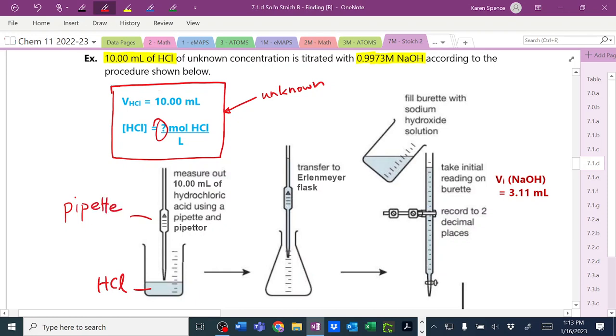And because we want 10 milliliters, it's going to be a 10 milliliter pipette. So we suck up the HCl into the pipette, and then we take the pipette over to the flask and we drip out the acid into the flask. Okay?